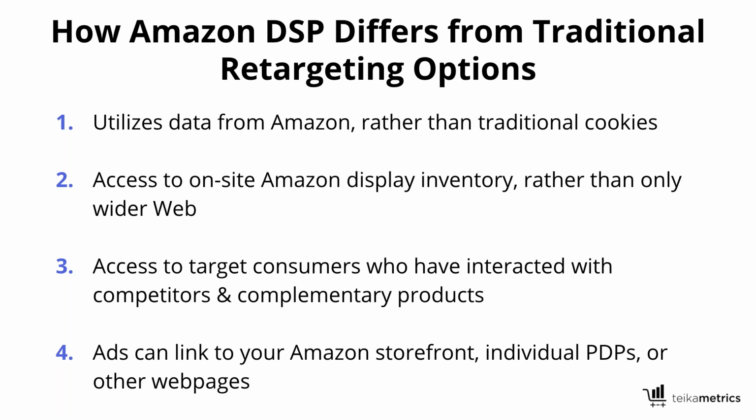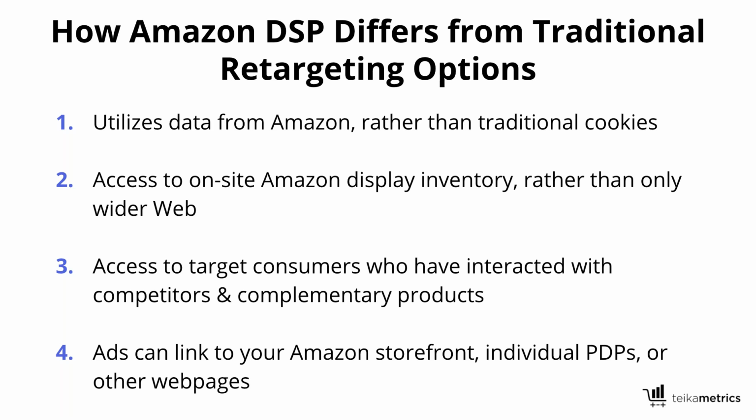Access to on-site Amazon display inventory. This is huge. All other DSPs have the same access to the wider web that we do, but they don't have access to Amazon.com or Amazon owned and operated sites such as IMDb. So getting that first priority access to Amazon is huge.